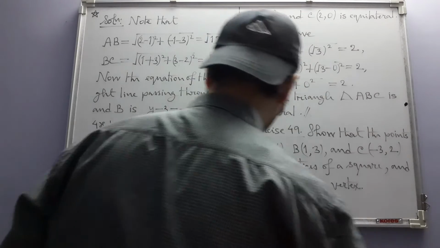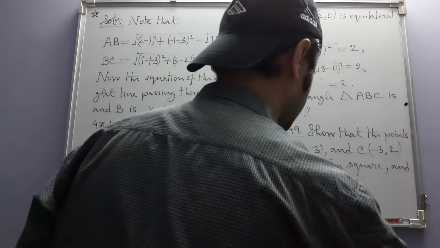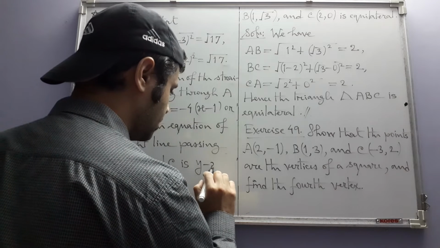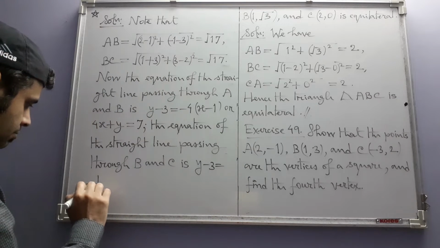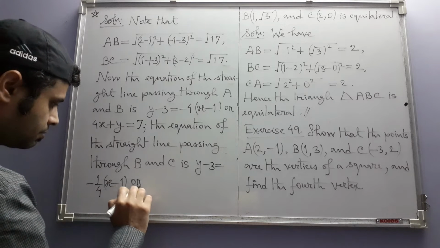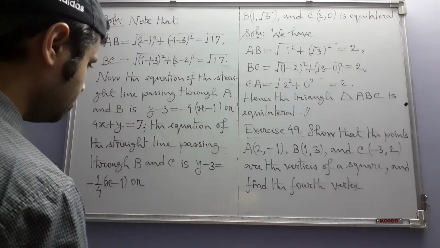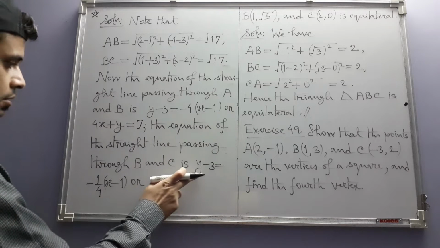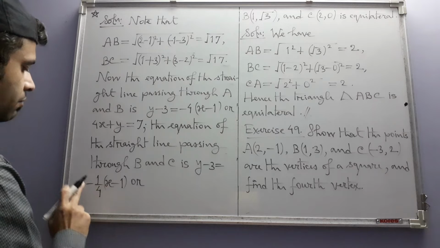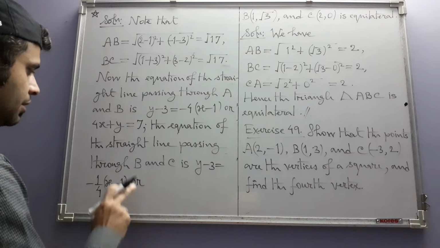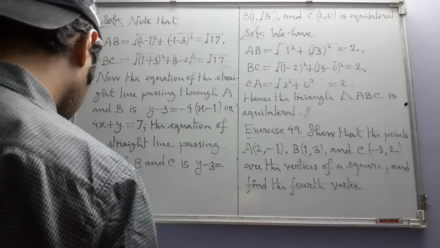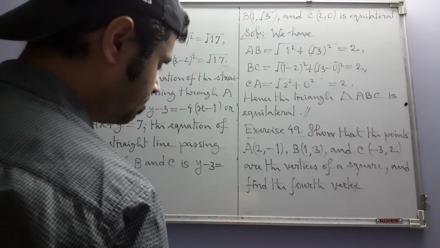So the equation will be, if we still use this point, y minus 3 is equal to minus 1 over 4 times x minus 1. We have x on this side, but with a minus sign. Will it be x plus 4y or x minus 4y? Have we made a mistake somewhere?